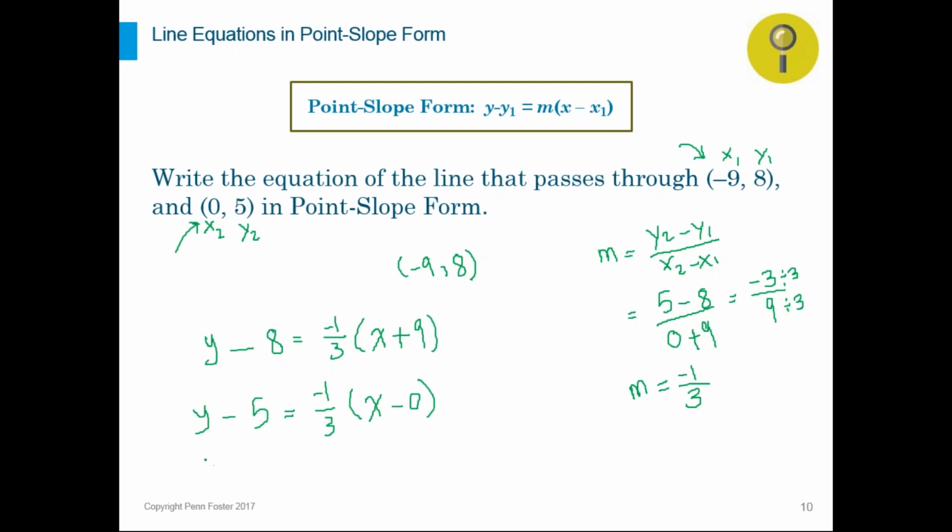I can simplify that to y minus 5 equals negative 1 over 3 x. That's it. And that would be the same equation as this one, the same line. And of course, the line declines without looking at any graphs because the slope is negative.